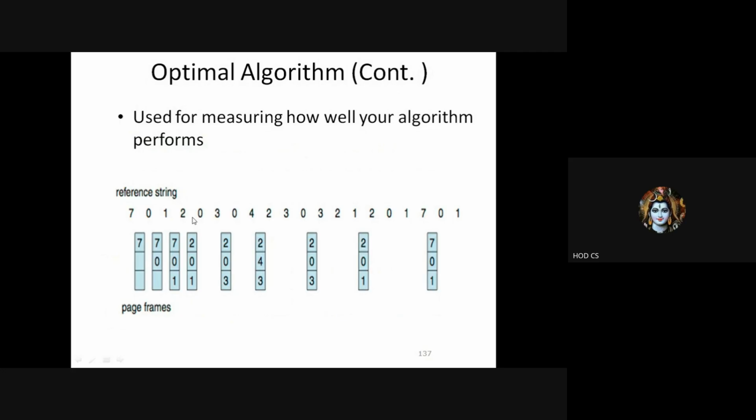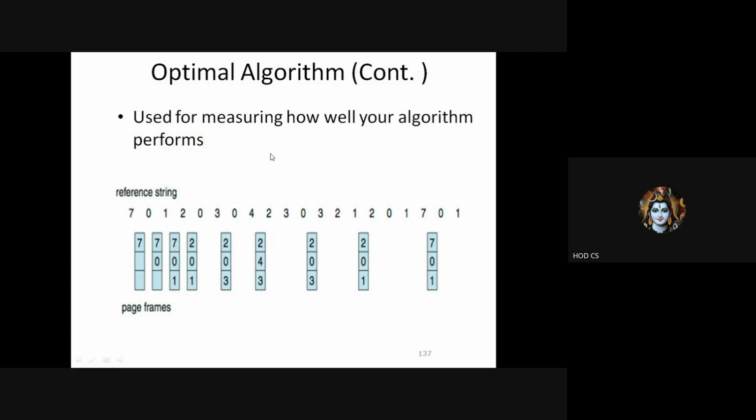You go in this direction and find out which number has to be replaced, the one which is coming farthest. There are two different kinds of algorithm. One is the optimal algorithm, another is the least recently used algorithm. Either you check this way or that way.